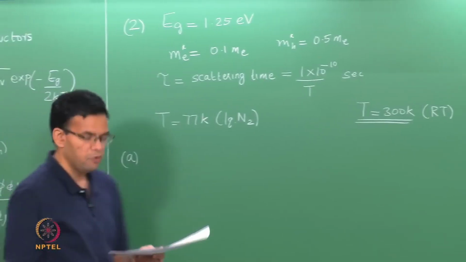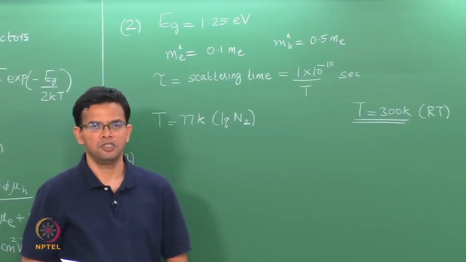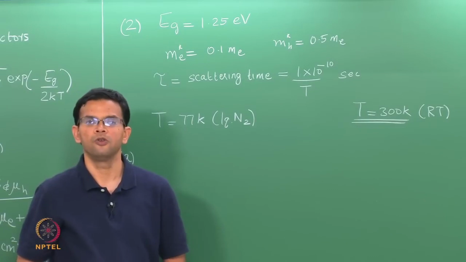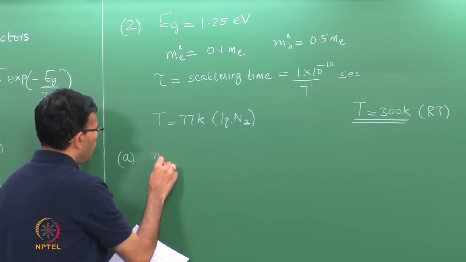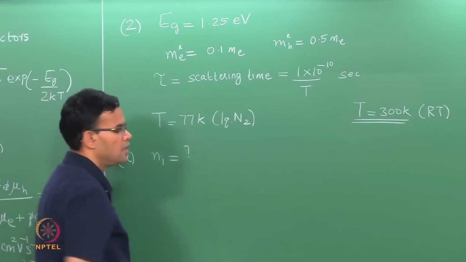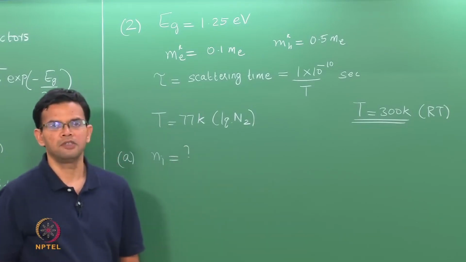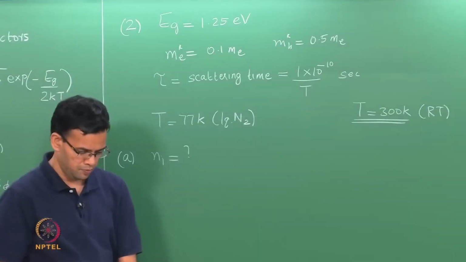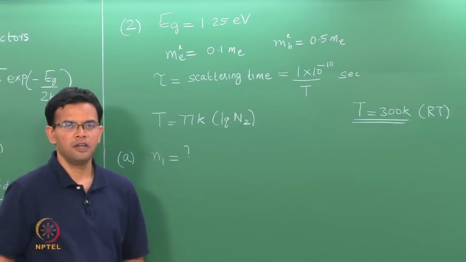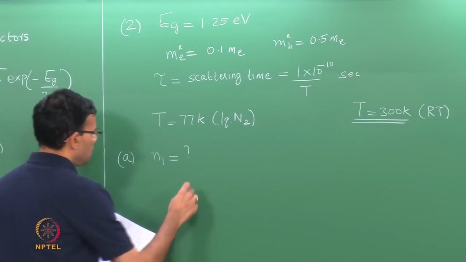The first one we want to find is the concentration of electrons or holes. Because this is a pure semiconductor, what we want to find is the value of the intrinsic carrier concentration. So, we can go back to the equation.